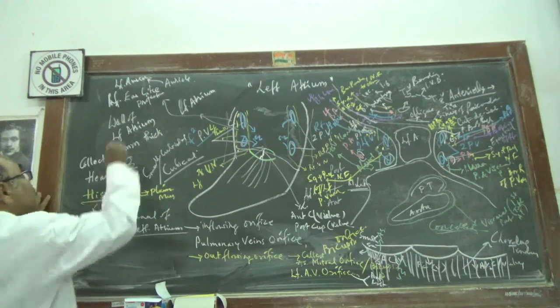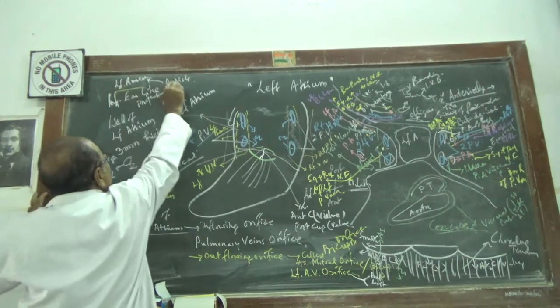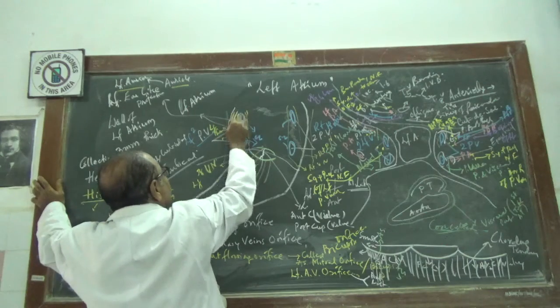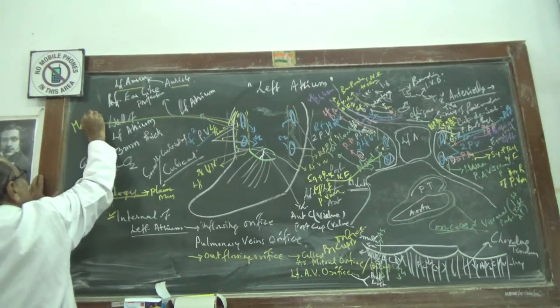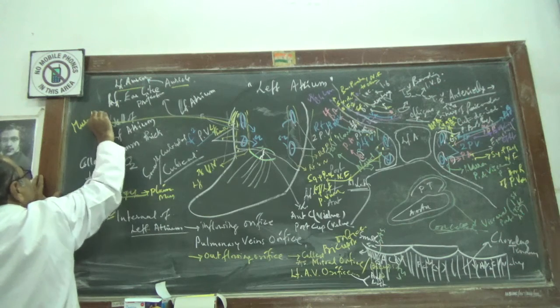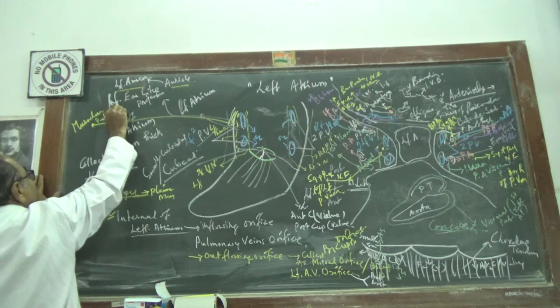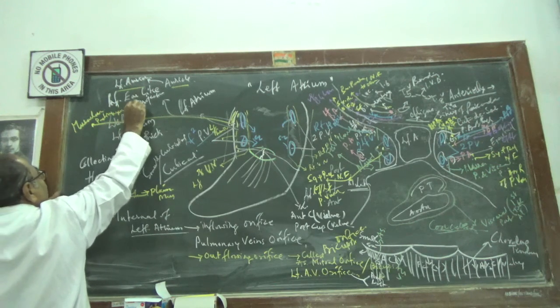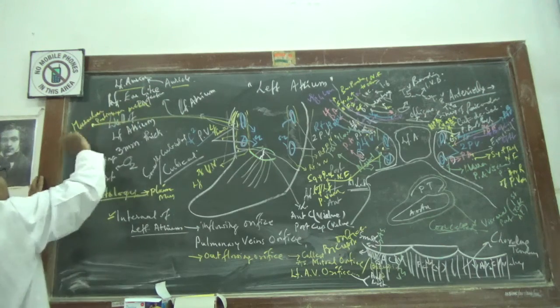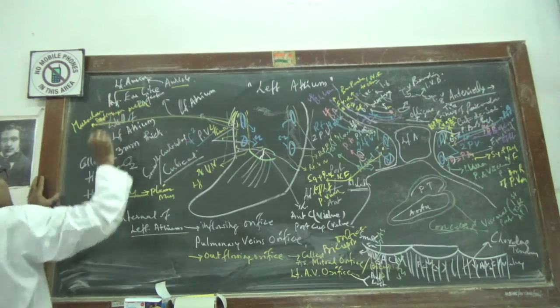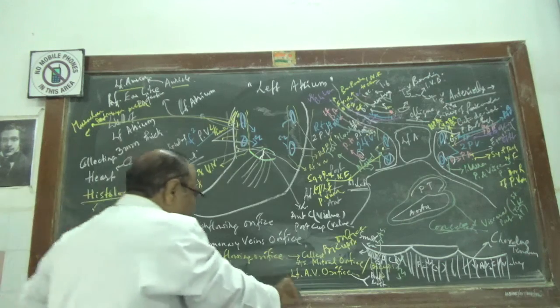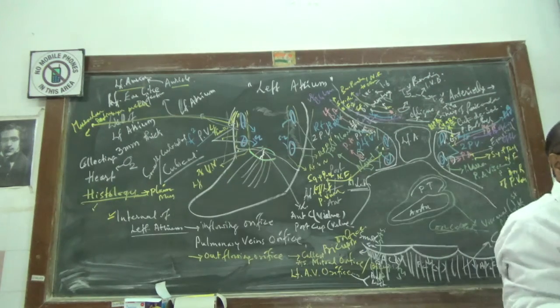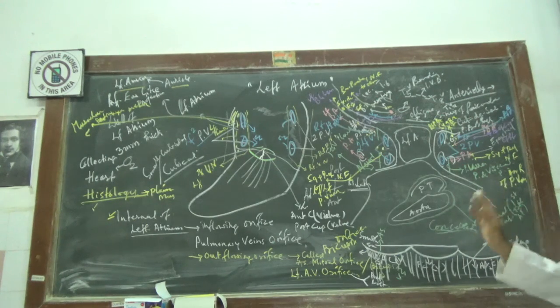And at the left auricle, muscular pectinate muscles are present. So muscular pectinate muscles are restricted to the left auricle in the left atrium.